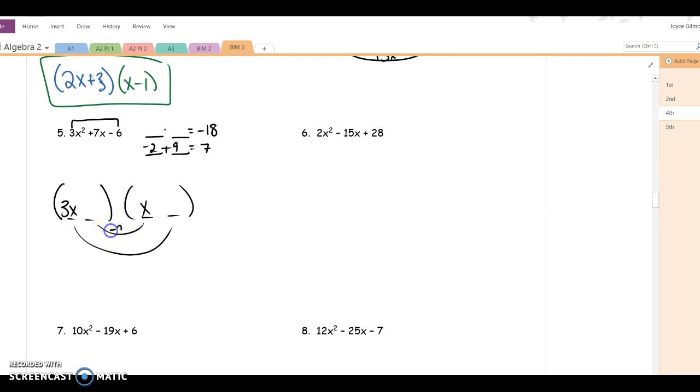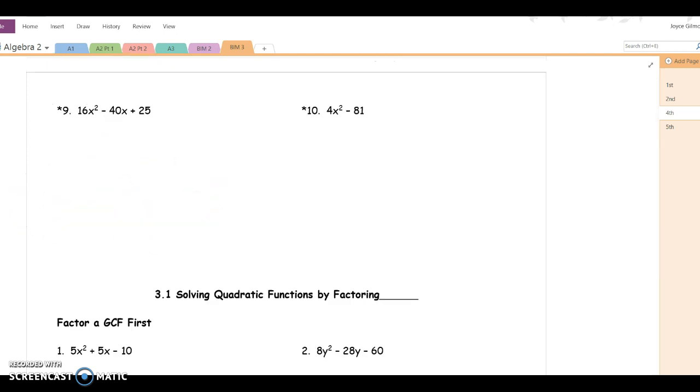We should put the negative 2 on the arc associated with x and the 9x on that bottom arc. And now fill in the pieces. 3x times 3 would be 9x, and x times negative 2 would be negative 2x. There's your factored form.